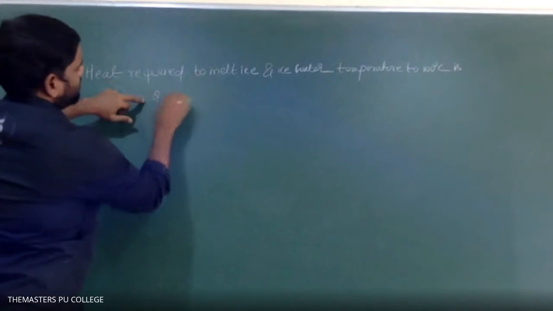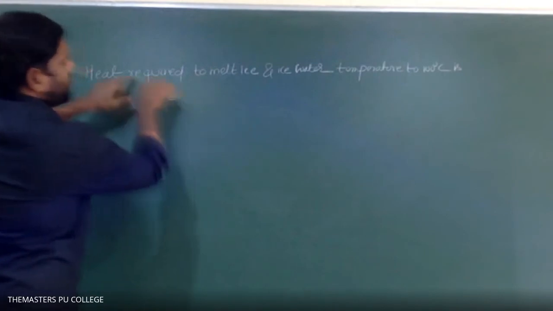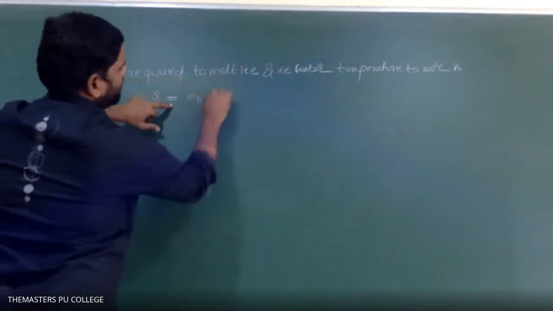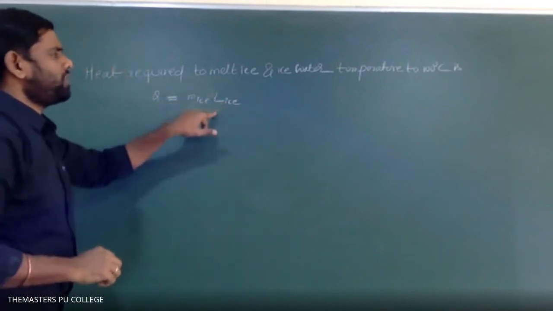Let us take Q equals. First, the heat required to melt the ice means mass of ice and latent heat of ice. This is the heat required to melt the ice.